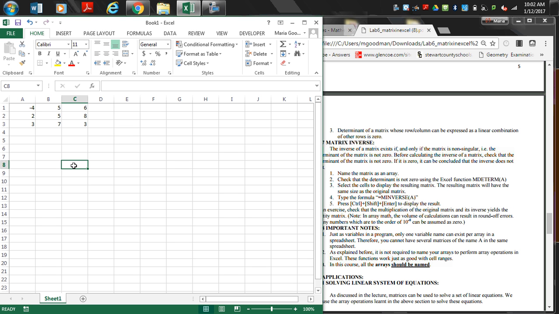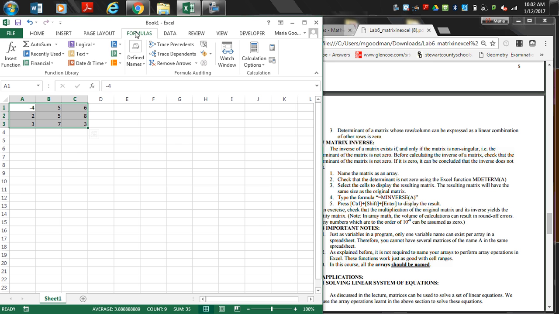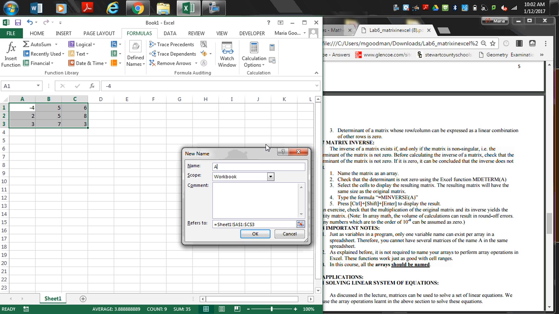So now that we have our matrix, what you do is give it a name, just like we've been naming before. So we're going to name it. That's formulas, define names. I'm going to name this one A.